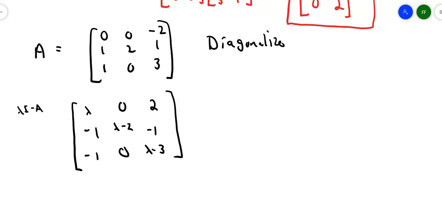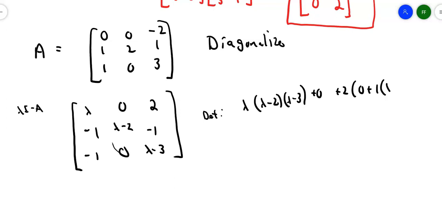Let's go ahead and find the determinant. So I'll get lambda times the 2 by 2 in the bottom right corner, which will be lambda minus 2, lambda minus 3. The second piece will just be 0. And then the third piece will be 2 times 0 minus a negative 1 times lambda minus 2.